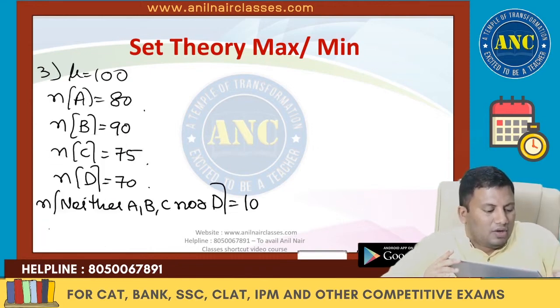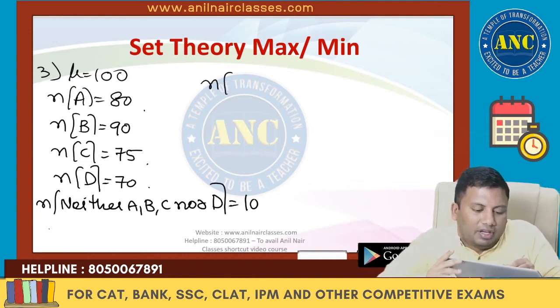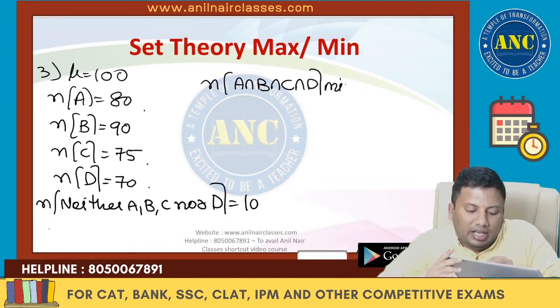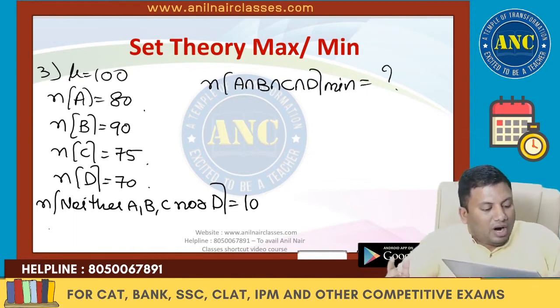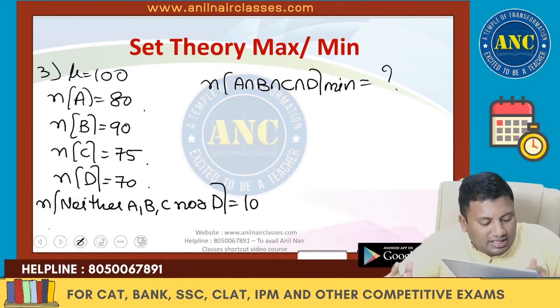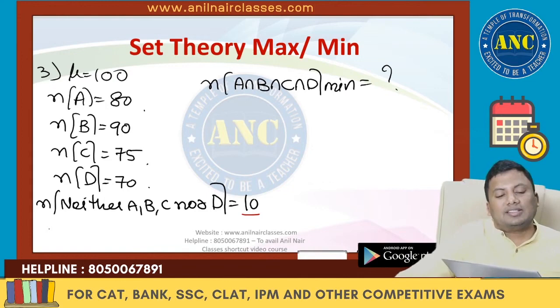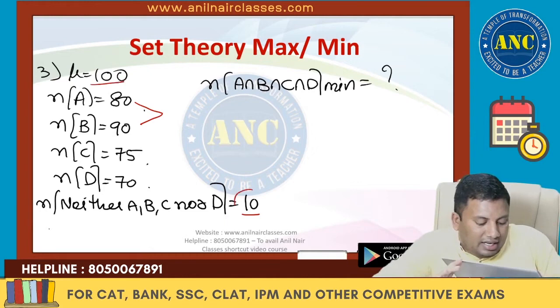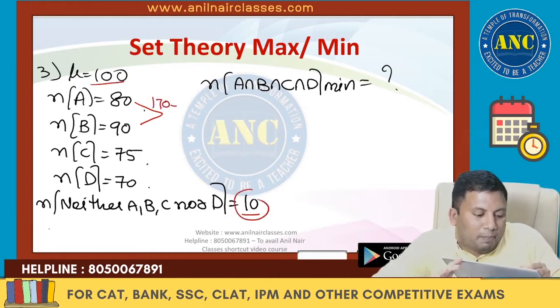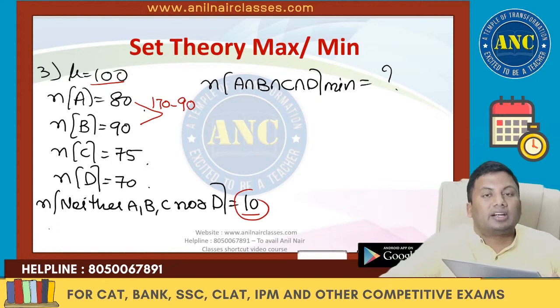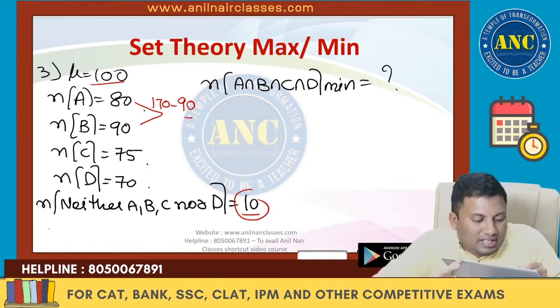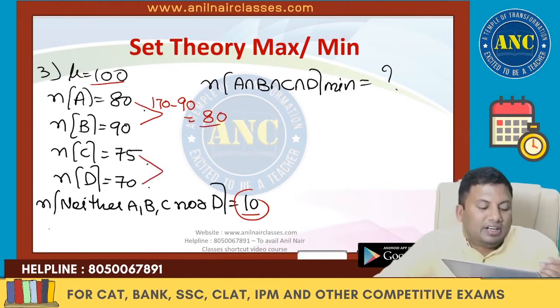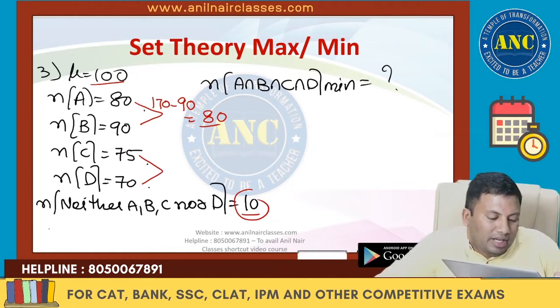What will be the value of N of A intersection B intersection C intersection D? It is the minimum value we want. What we did previously, because it was 0, we took the base value as the mu value. 80 plus 90, 170. 100, 10 is there, so 10 should be subtracted before it is 0. 170 is compared with 90. 70 minus 90, which is 80. 70 and 75: intersection minimum means union maximum.